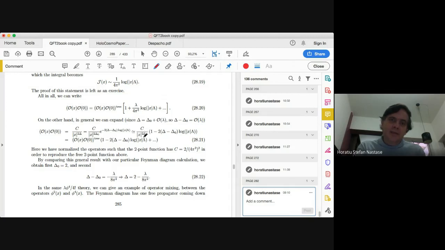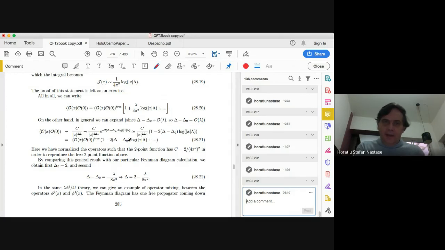Okay, but this C over x to the 2 delta 0 just comes from the 2 propagators, so that's just the tree value of the 2-point function of the operator O. So the non-trivial part is this thing that multiplies the tree value C over x to the 2 delta 0.